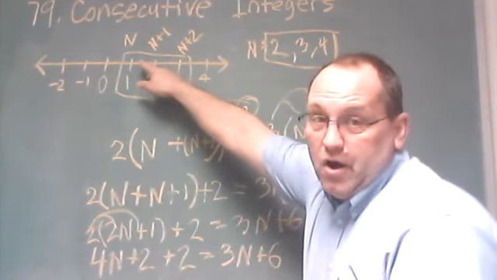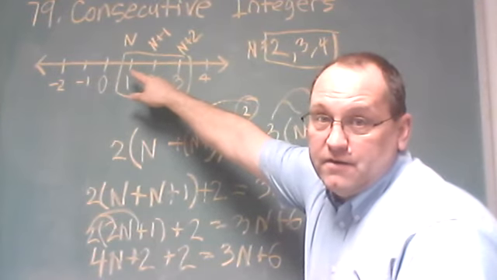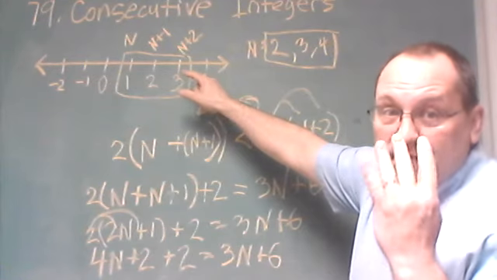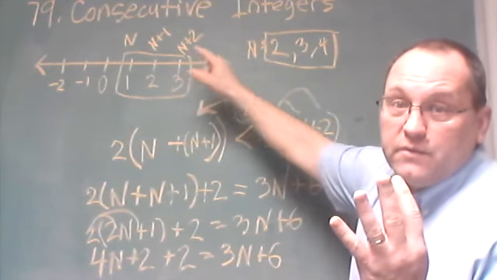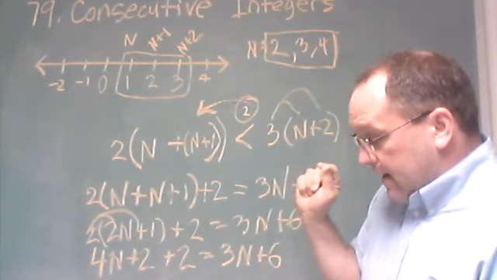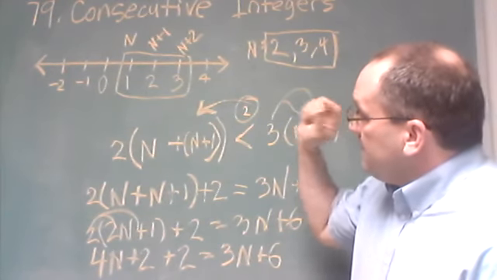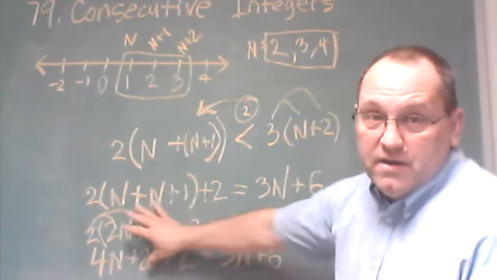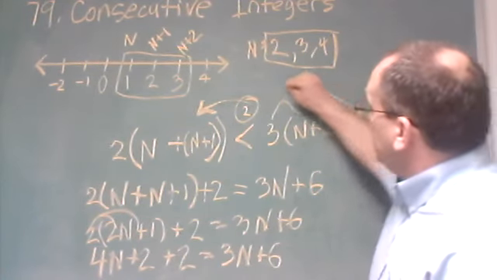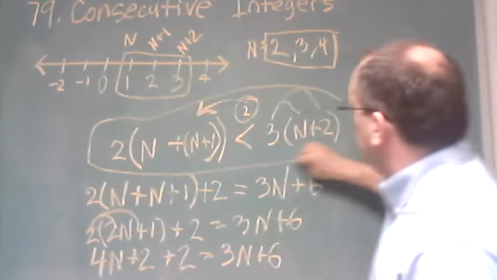The expressions are always going to be the same for consecutive integers. They'll be n, n plus 1, n plus 2. If they want 4 consecutive integers, the next one would be, right, n plus 3. Okay? And then the math, the algebra, is actually rather simple. The tricky part is setting up this original equation.